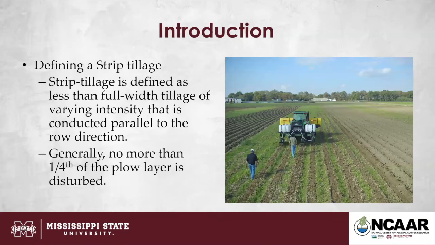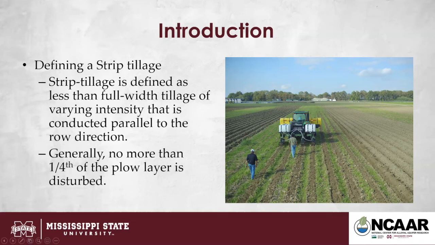Strip tillage is defined as less than full-width tillage of varying intensity that is conducted parallel to the row direction, and generally no more than one fourth of the plow layer is disturbed.